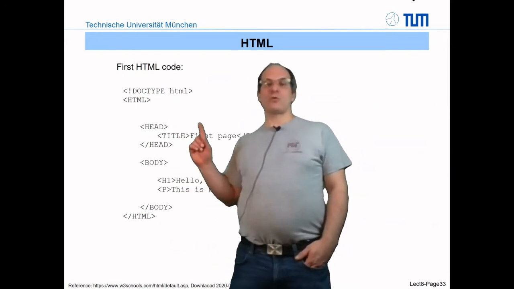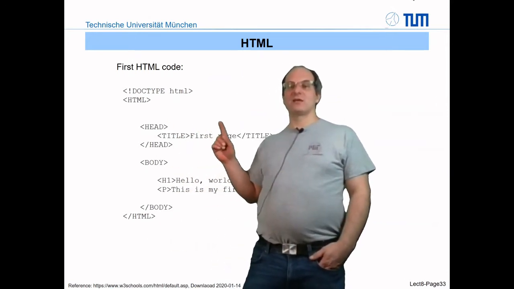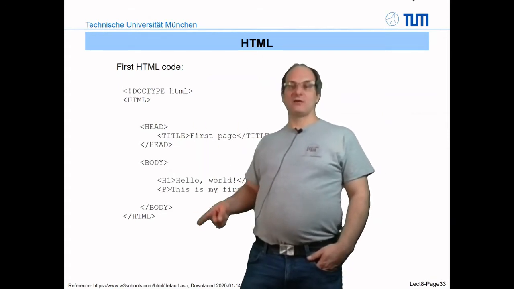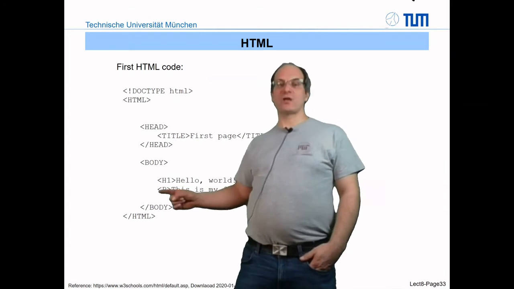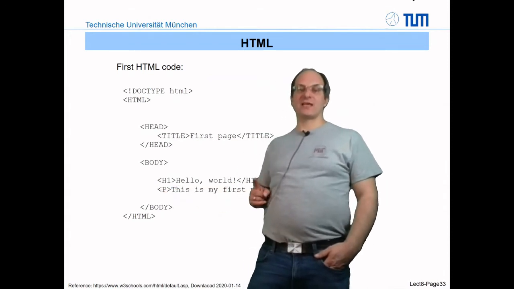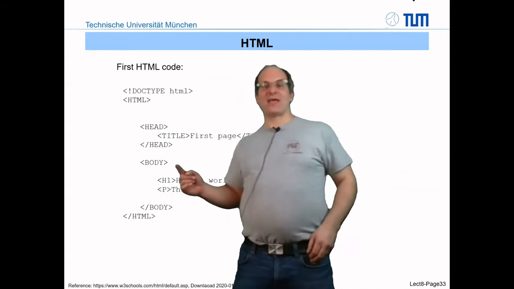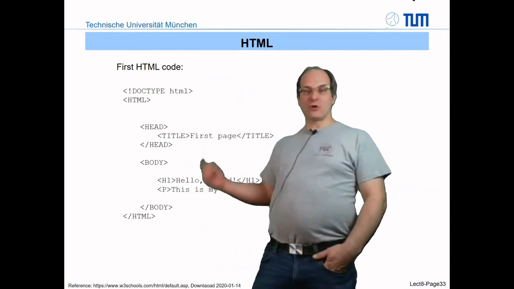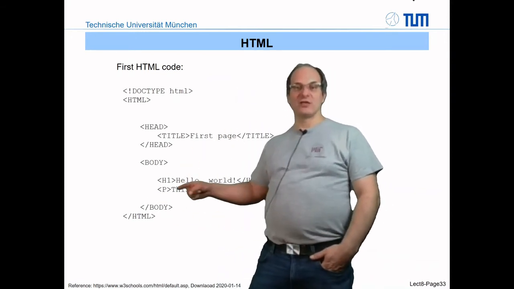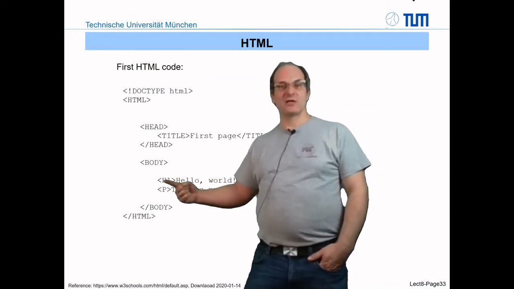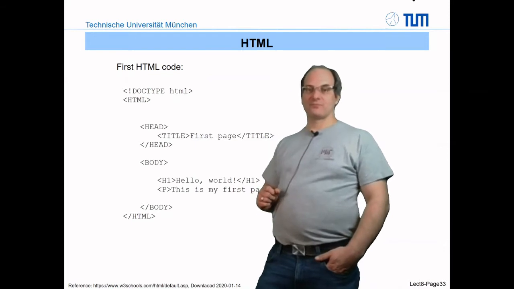And then it's always the same. You have something like title and end tag title. Or you have something like H1, headline 1, and end tag headline 1. So you have always the same structure. And your browser or your compiler or your interpreter reads this and does a special behavior according to these definitions.